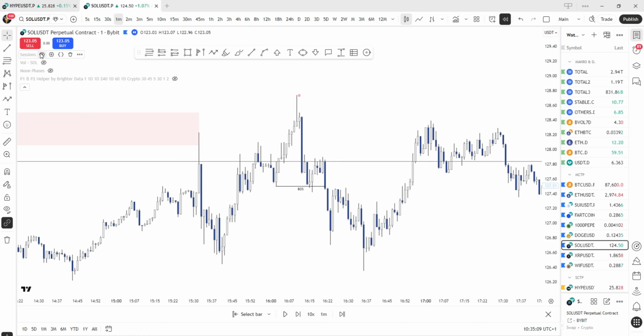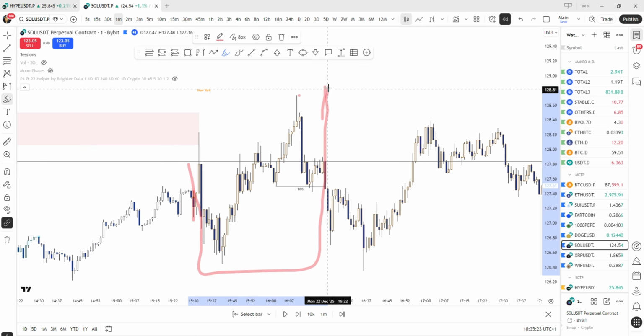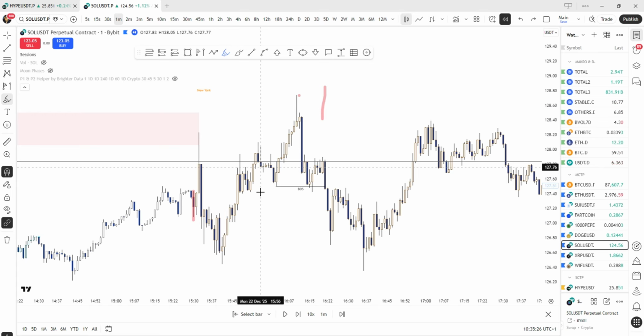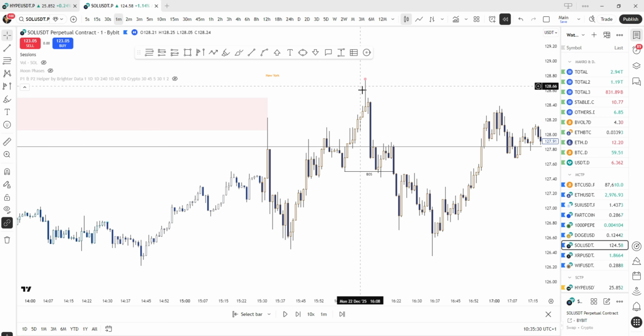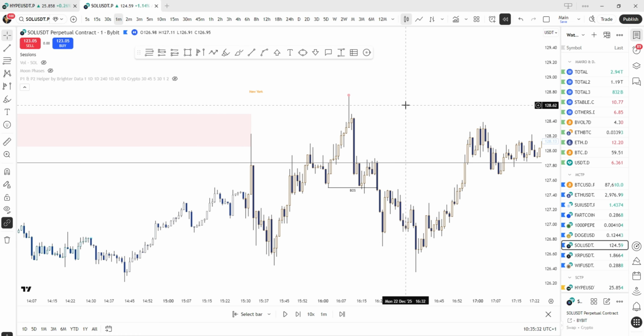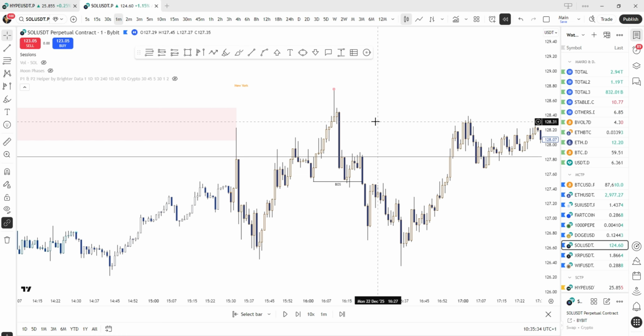And here you can see New York opened right here, and this was like nearly in the first hour, right? This price action was in the first hour, and I often like when the first hour is ending then to enter a trade.